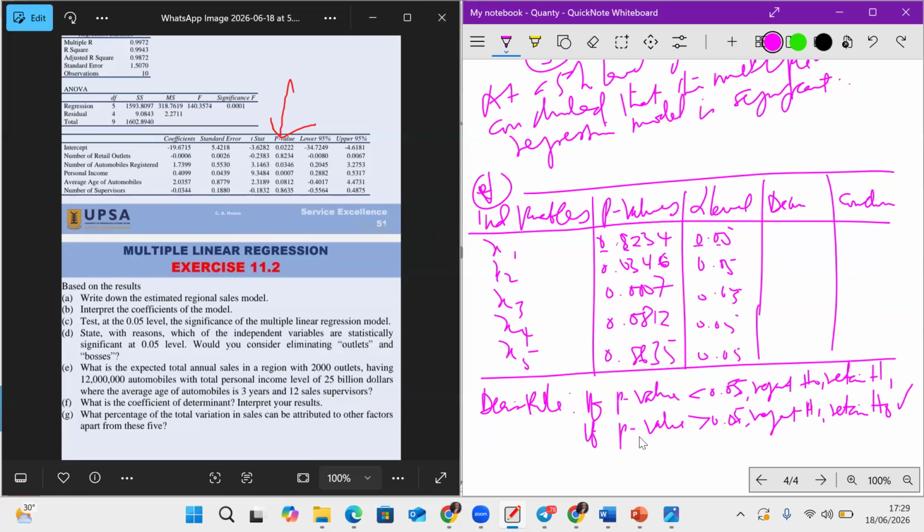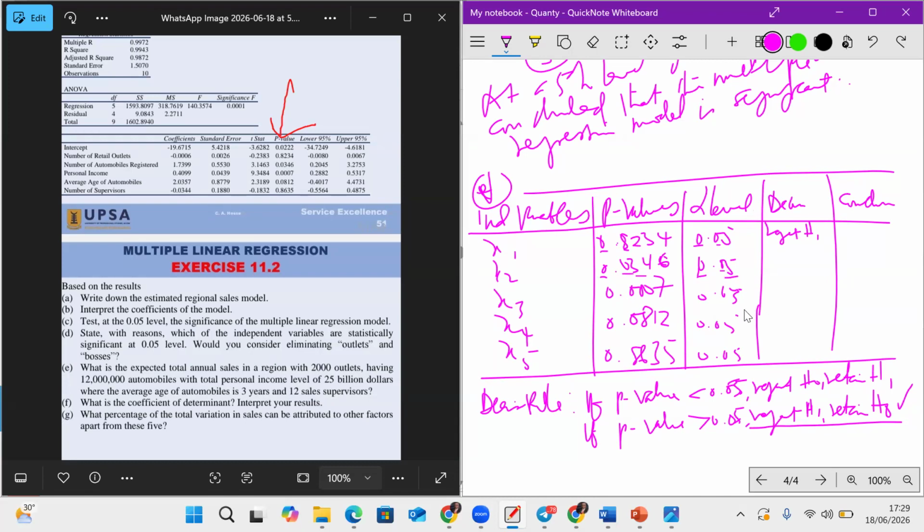If it is greater than, we reject H1 and retain H0. If we reject H1, it means we retain H0, right? Yes. The next one, this is 0, this is 0, this is 0, this is 0, this is 3, this is 5.